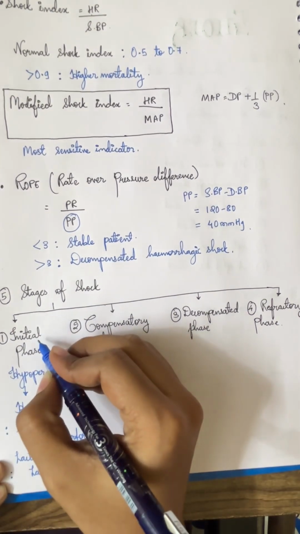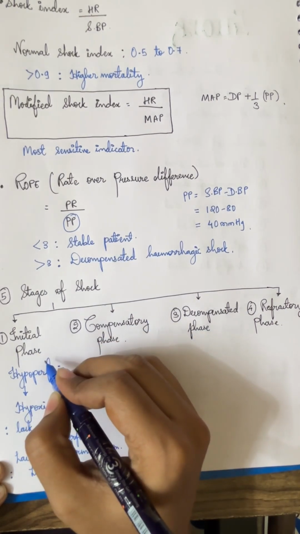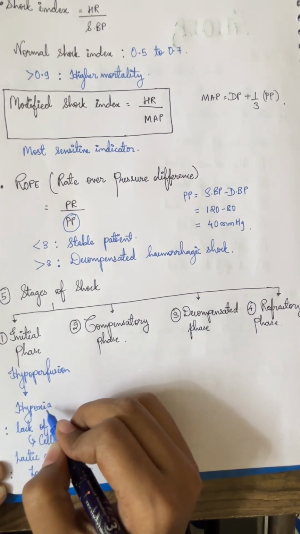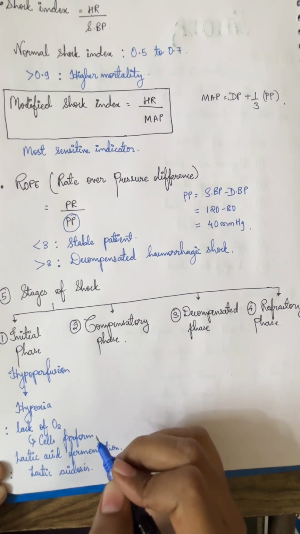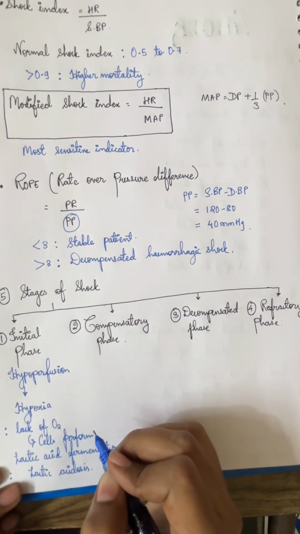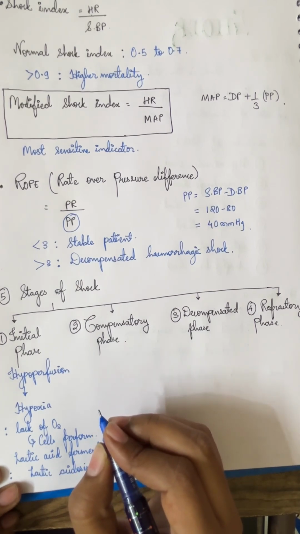So in the initial phase, the cells receive less oxygen, that is hypoperfusion, which leads to hypoxia. Due to lack of oxygen, cells perform lactic acid fermentation, because oxygen is the terminal electron acceptor in the electron transport chain and is not abundant.